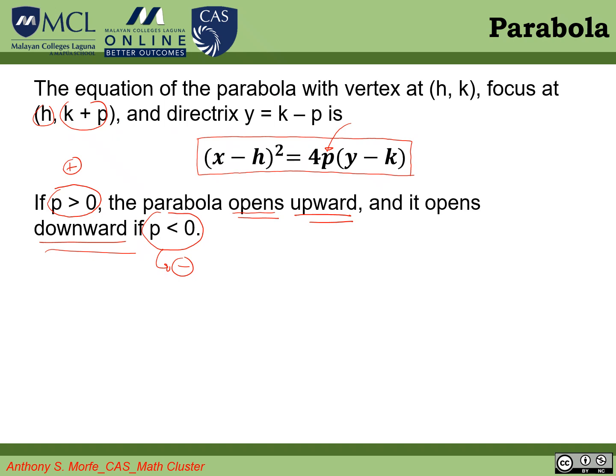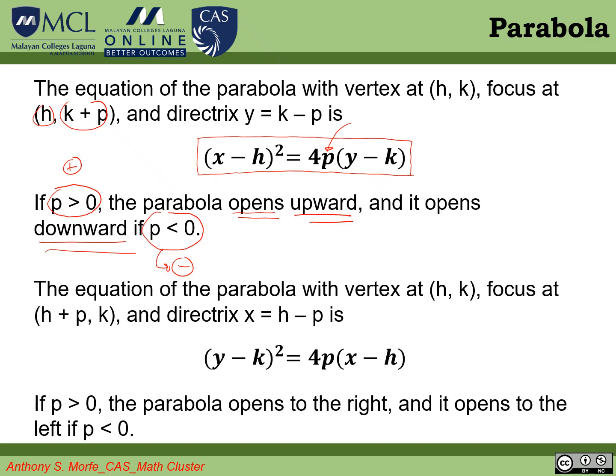If that happens, class, then our parabola either opens upward or downward. And then you just find out whether the value of p is positive or negative, and that will give you the hint of the exact opening of the parabola, up or downward. Alright, so that's one thing that you need to remember.